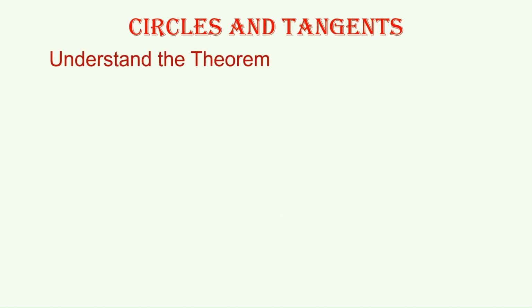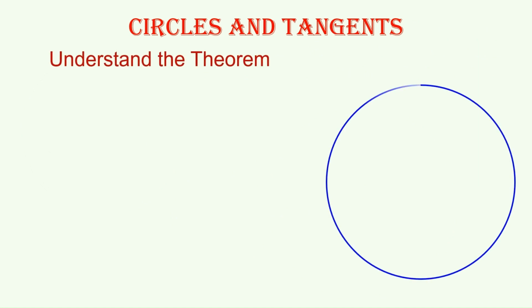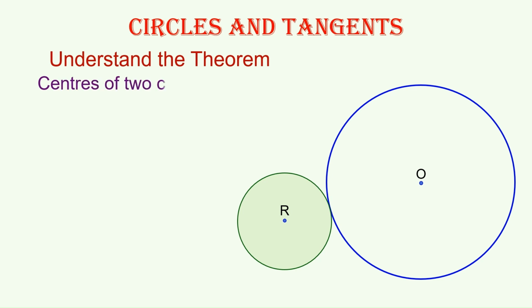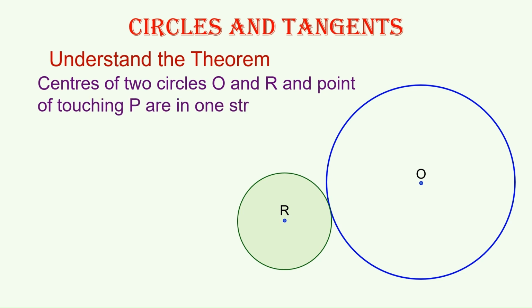Understand the theorem first. Centers of two circles O and R and point of touching P are in one straight line.